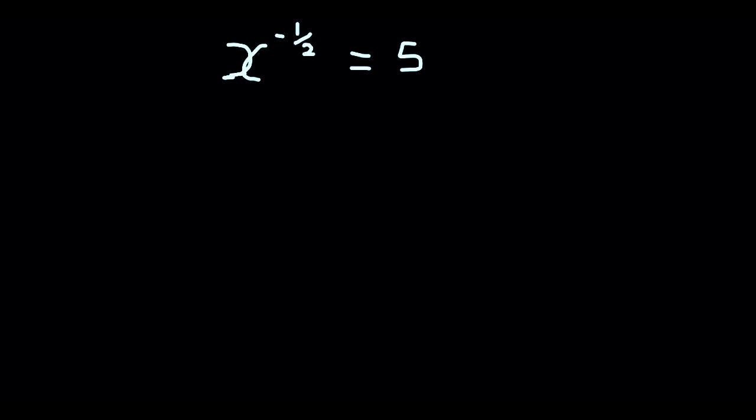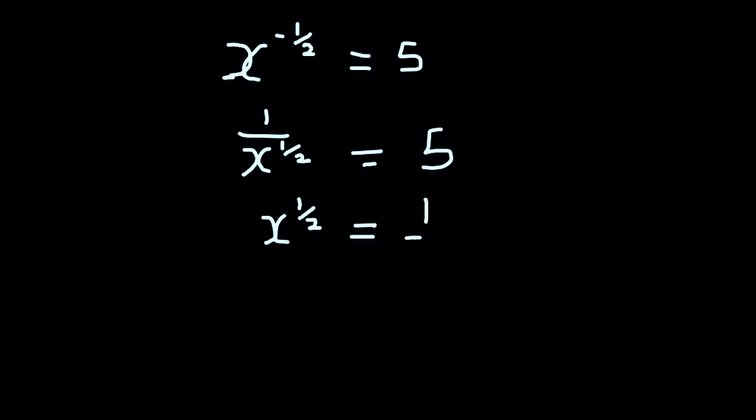This can be written as 1 over x power half, which equals 5. From here, we can take the inverse of both sides, and this becomes x power half equals 1 over 5.